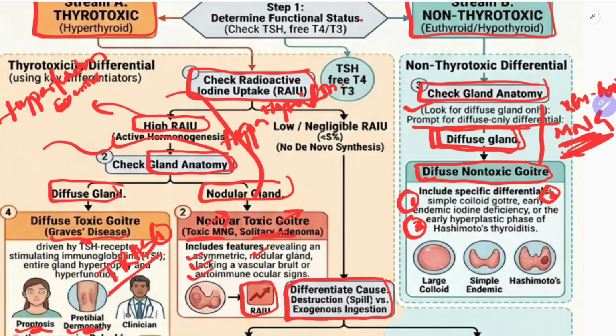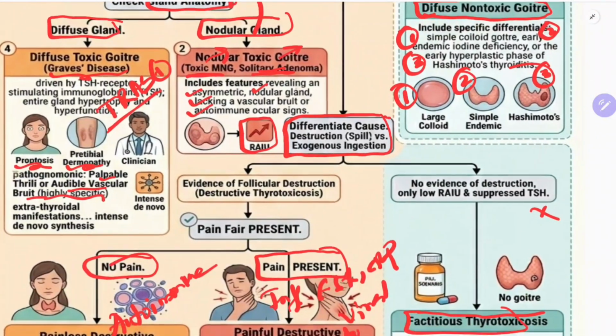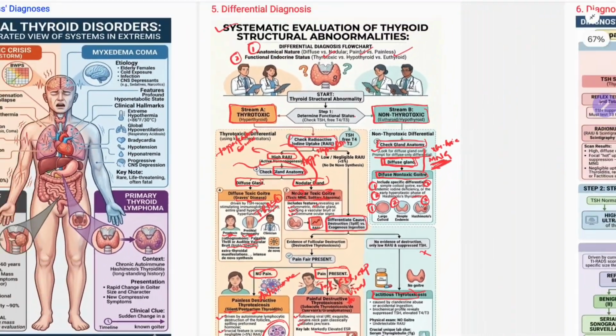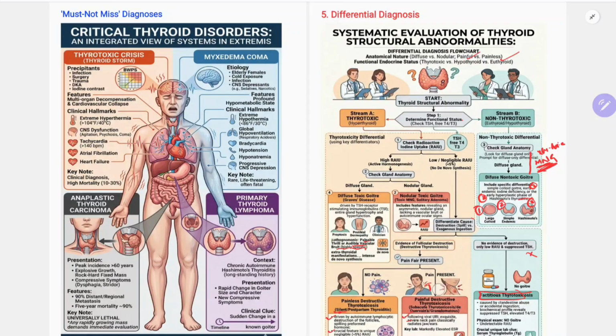So three diagnoses: colloid simple Goitre, iodine deficiency, and Hashimoto's thyroid disease. That's about the differential diagnosis. First you rule out whether it is thyrotoxic or euthyroid or hypothyroid, then radioactive iodine uptake, then you move forward like this.